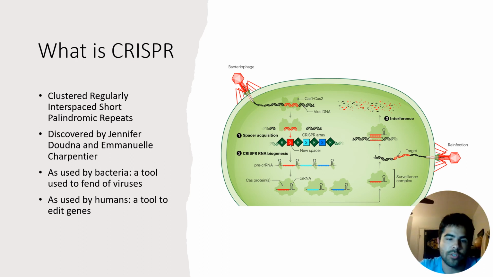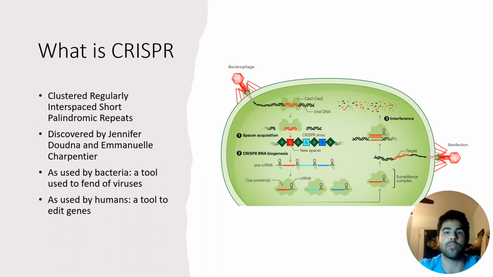And so, as we just talked about, as bacteria use it, it's used as a defense mechanism. So what happens is once the bacteria has the viral DNA encoded in its own genome, it can replicate this into complementary RNA, right, through transcription, and it can take this complementary RNA and put it into a Cas protein, and this Cas protein uses the complementary RNA to guide itself over to, let's say, the same bacteriophage is invading the bacteria again, so it also injects its DNA.